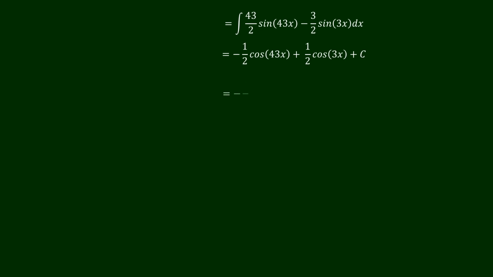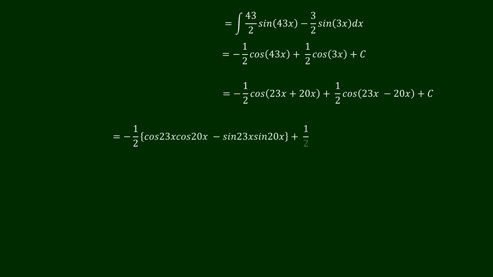Now this can be expanded as negative a half of cosine 23x plus 20x plus a half of cosine 23x minus 20x, which when we expand out is the same as negative a half of cosine 23x cosine 20x minus sine 23x sine 20x, plus a half of cosine 23x cosine 20x plus sine 23x sine 20x plus a constant.